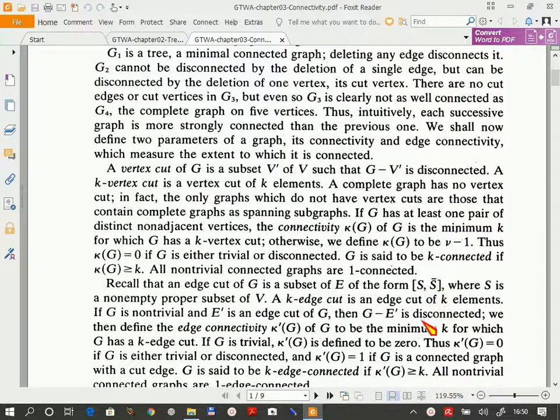A K edge cut is an edge cut of K elements.